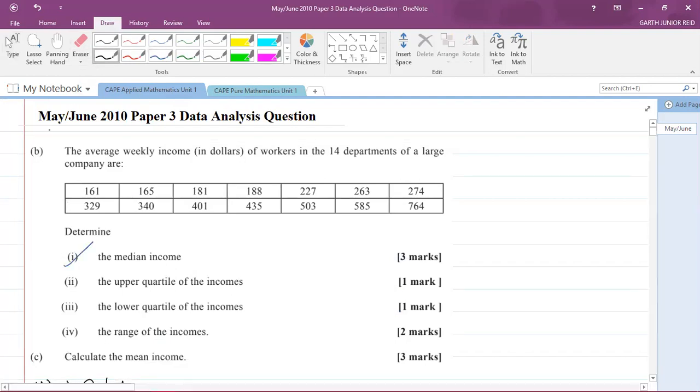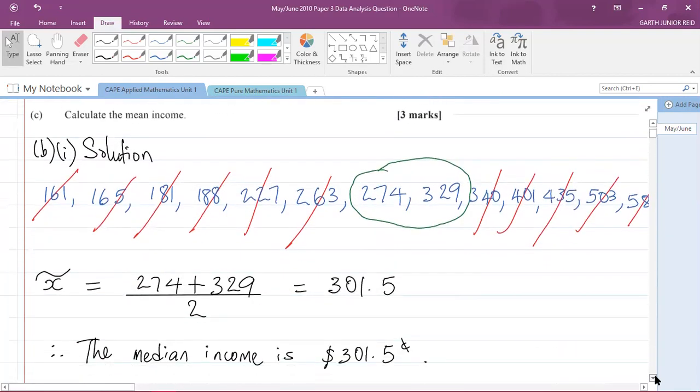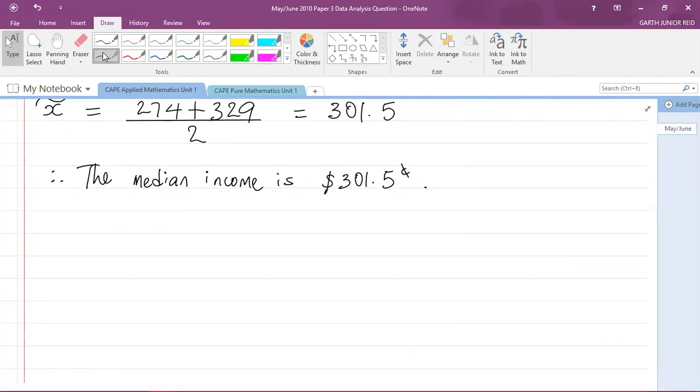Part 2 now says that we are to determine the upper quartile of the incomes. So that's part 2 of B, solution. We want the upper quartile, which is normally represented as Q3.